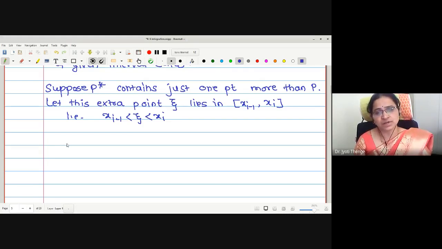Now, the next step we will consider is, as the function is given to be Riemann integrable, Riemann integrable means it is bounded. If it is bounded on the whole interval a, b, it is bounded on each subinterval in the given partition. Therefore, we will write on the bounds of the function in every subinterval.